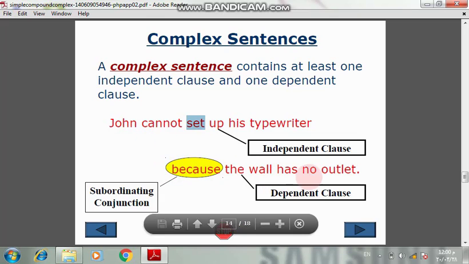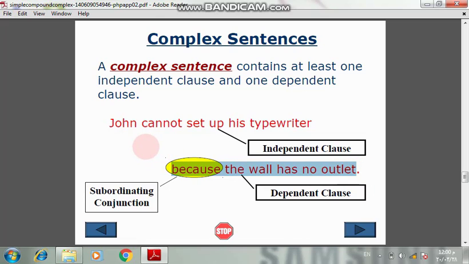Because the wall has no outlet. What do you think of the second sentence, starting from because to the end? Because the wall has no outlet? No, it doesn't make any sense. We need to read both of them together to make sense.